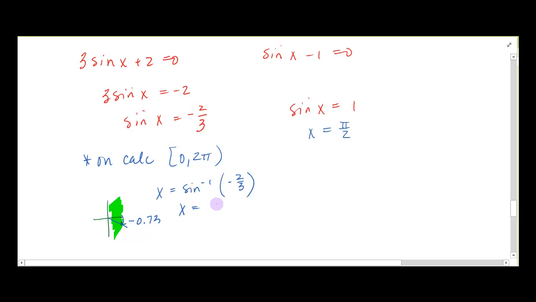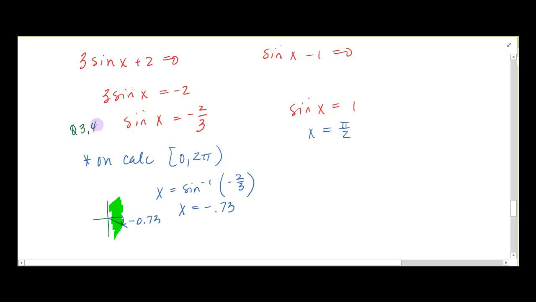We found that x was equal to negative 0.73 from the calculator. But the solutions that I want to give need to be positive. And my solutions for this equation are supposed to be in quadrants 3 and 4, because when I take the sine of some angle, I get negative 2/3. So I have to be talking about angles in quadrants 3 and 4.